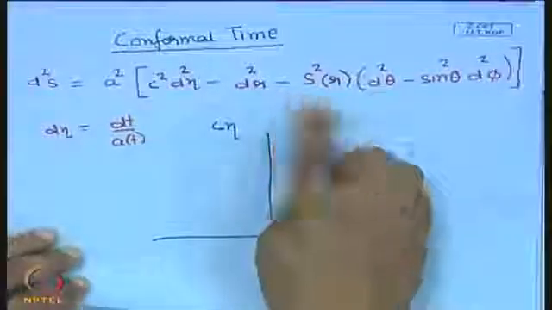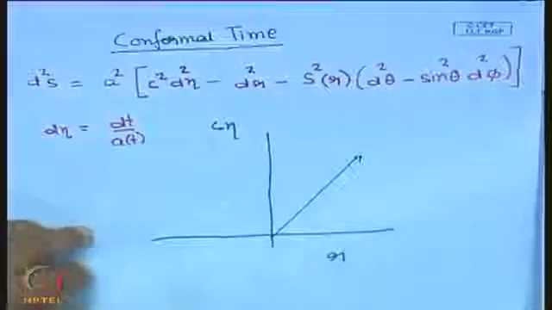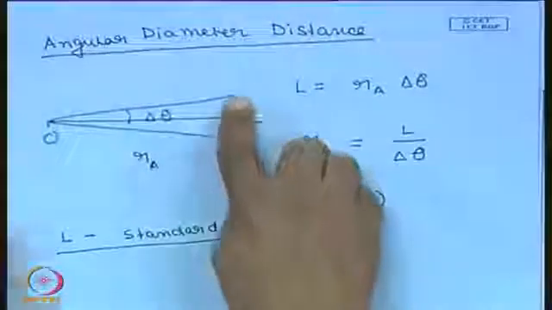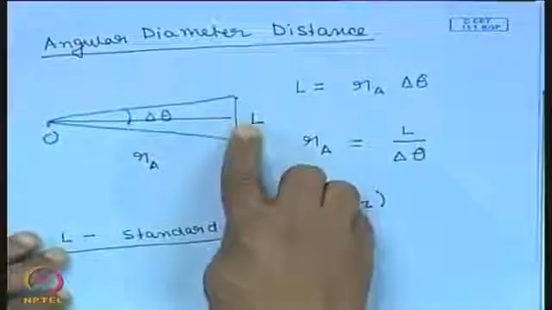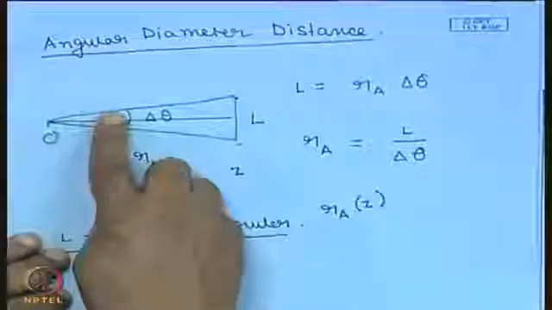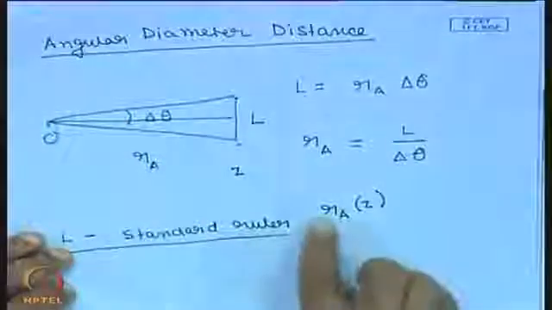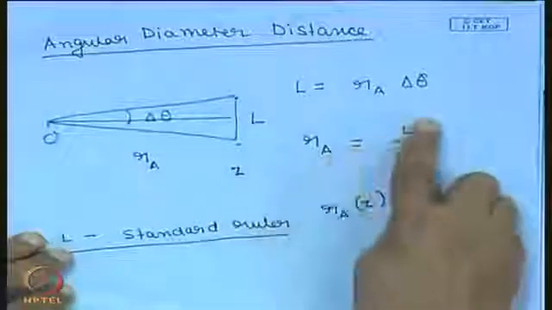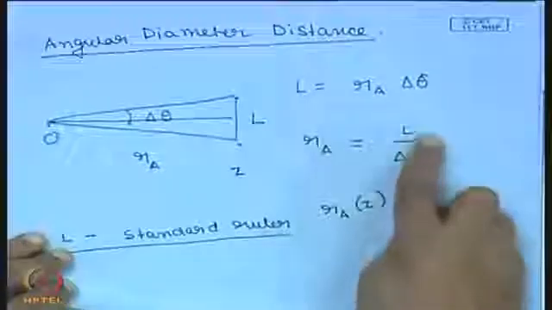There is an object here whose proper length is L, and it subtends an angle delta theta. We want to calculate the angular diameter distance, which is defined as L by delta theta.